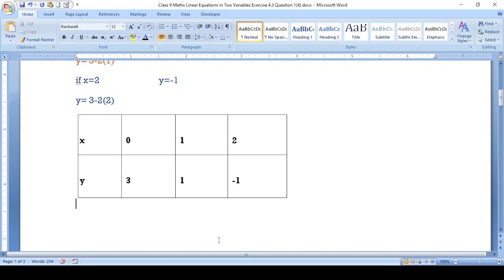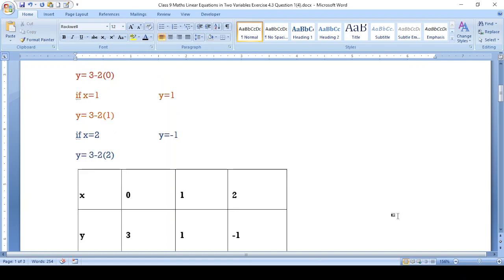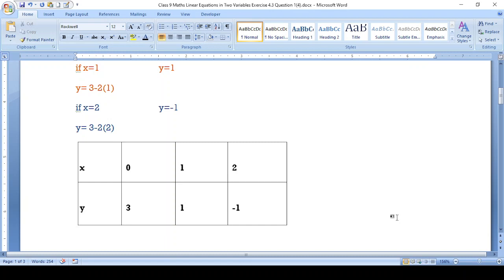So what we will do now is plot this on a graph paper. To demonstrate, I have a virtual graph paper, and you are going to do this on a physical graph paper which you must have at your home. So let's move on to the graph paper.